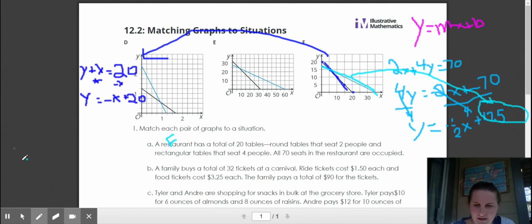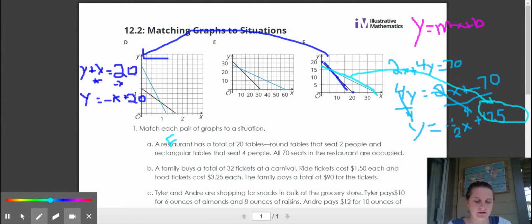Okay. And real fast, if you figure out the equation for B, you have a family that buys a total of 32 tickets at a carnival. So we know that the number of tickets they get is 32. They can get ride tickets or they can buy food tickets. We don't know how many of each, but whatever they have is going to add up to 32.